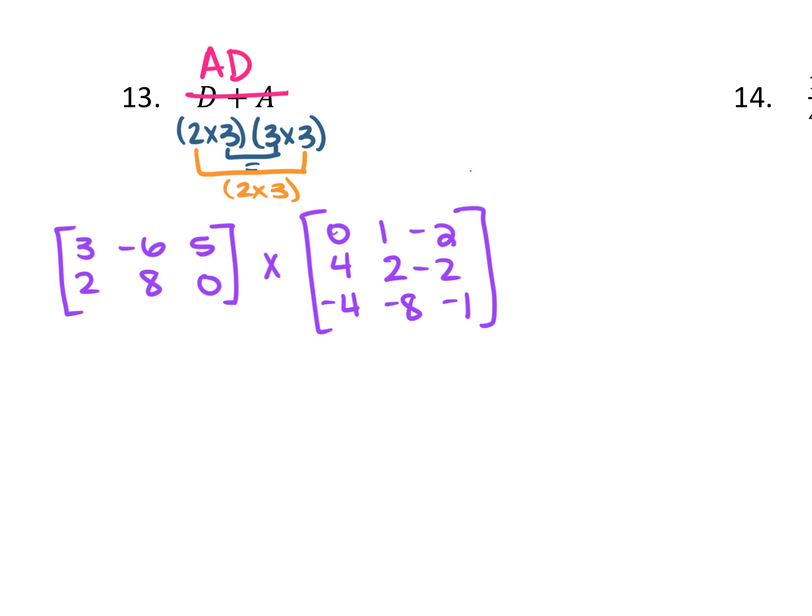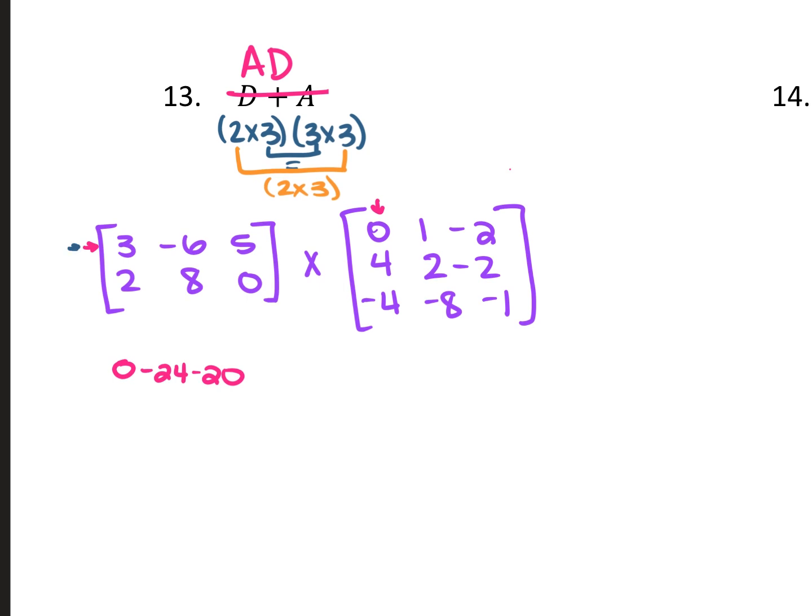So we're going to go row by column here. So we're going to go first row, first column. 3 times 0 is 0. -6 times 4 is -24. 5 times -4 is -20. That gives us our first number in our matrix. Next, we're going to go first row, second column.